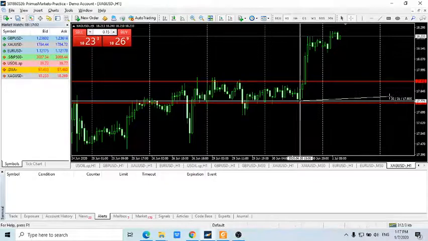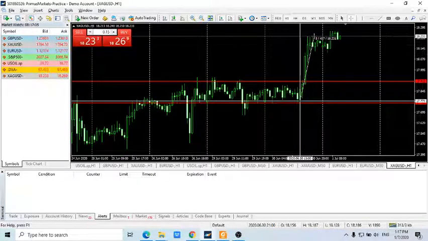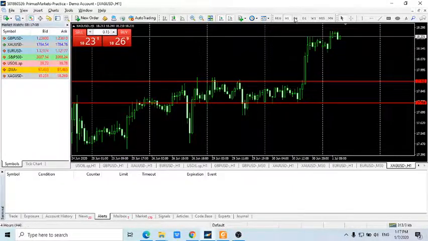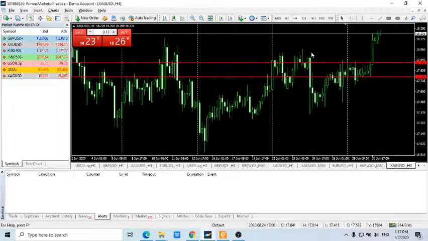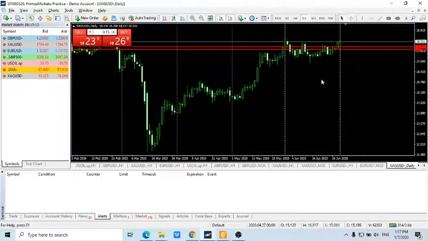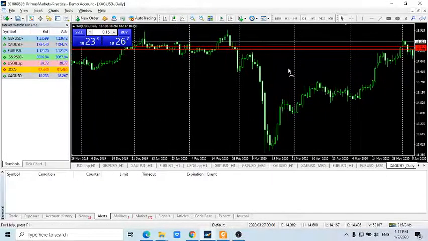Silver moves up from 17.77 all the way to a high of 18.23. Currently it's gone quiet, and it is also touching its multi-year highs. So again, silver is also largely bullish now, following the movement and sentiment of gold prices.